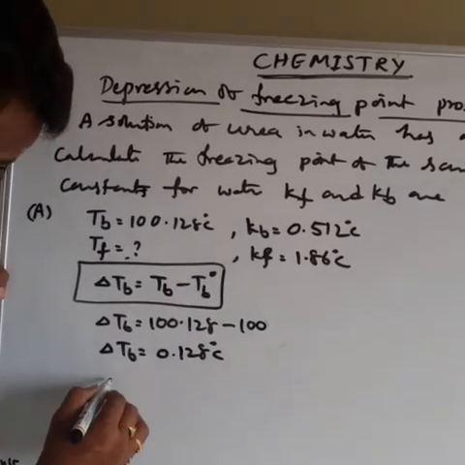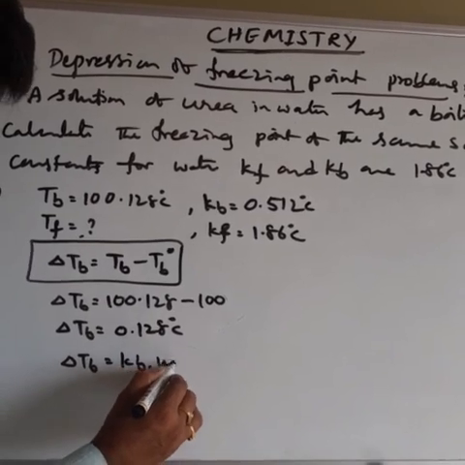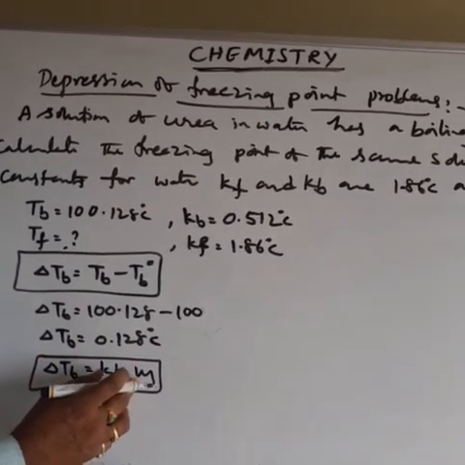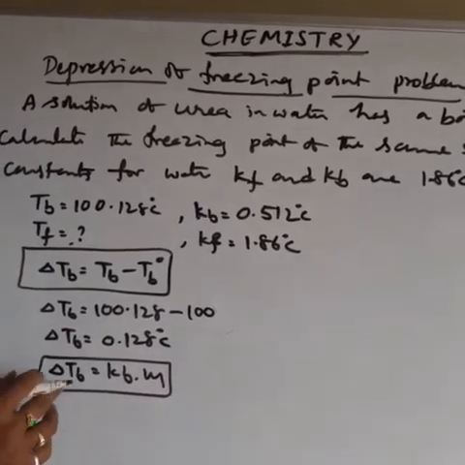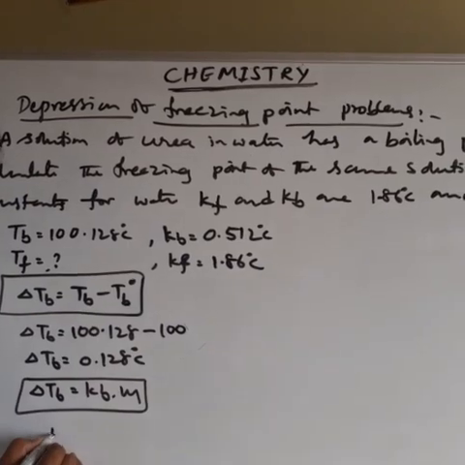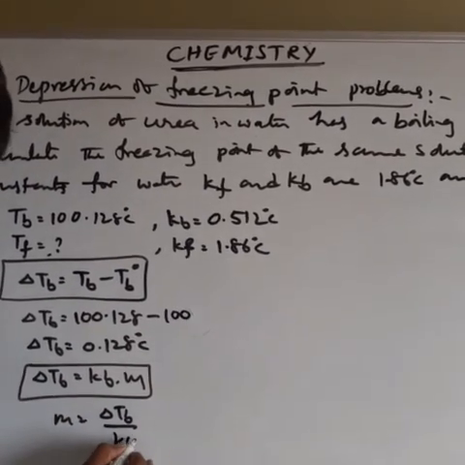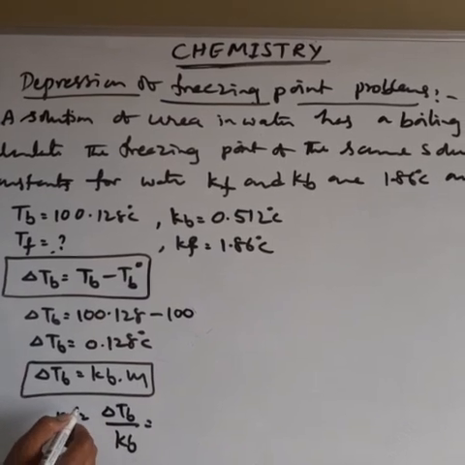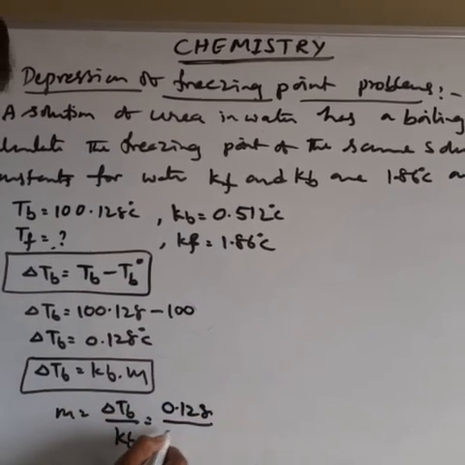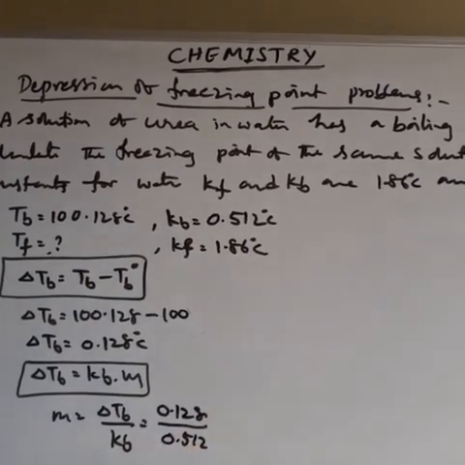Okay. Then next, delta TB is equal to KB into M formula. M means molarity, we have to find out from this value. From this formula, M is equal to delta TB divided by KB value. Delta TB value 0.128 divided by KB value, we know 0.512 Celsius degrees.